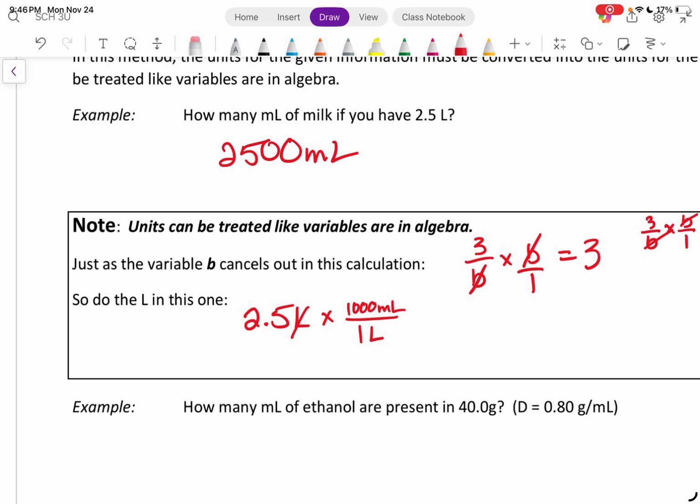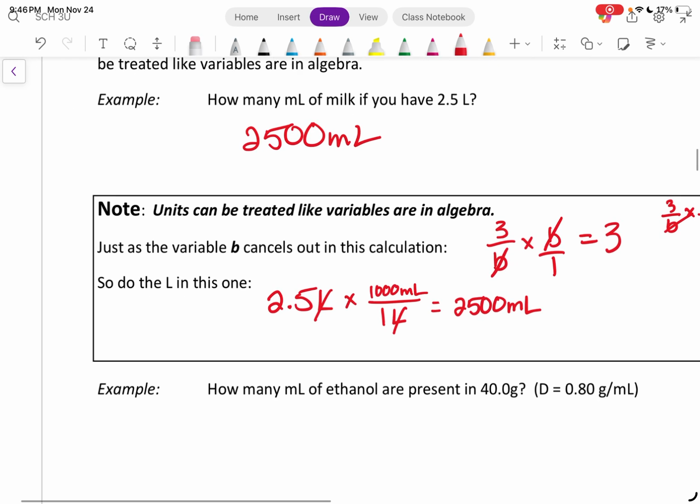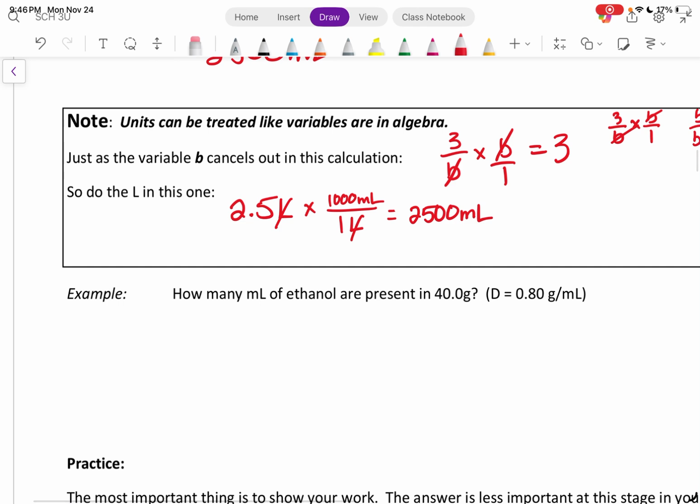Now, your units cancel out, and you end up just doing 2.5 times 1,000 divided by 1 to give you 2,500 milliliters. All right, this was a pretty simple example. I wanted to give you something you're more familiar with.